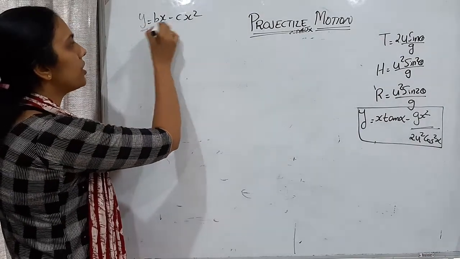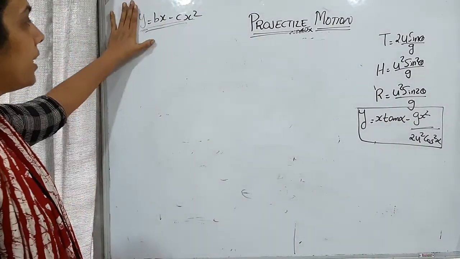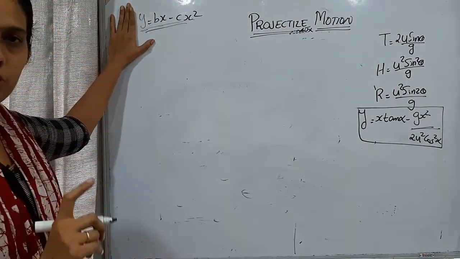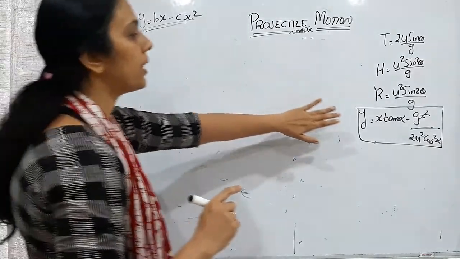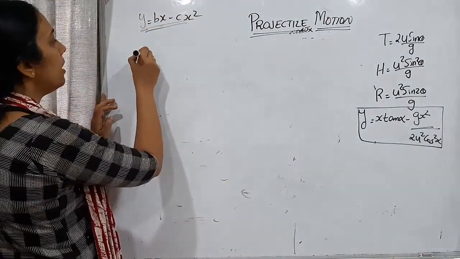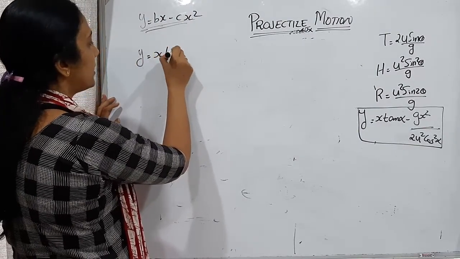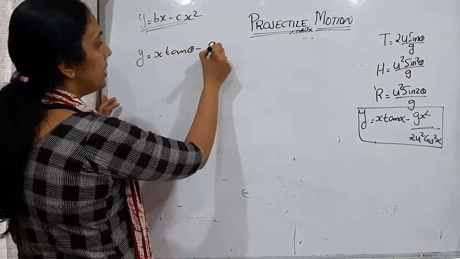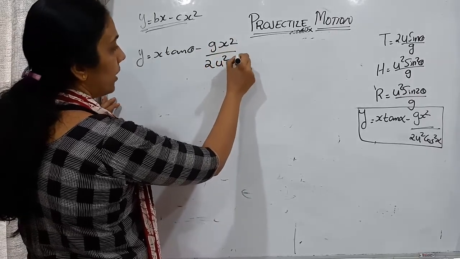So here the question is given y equals bx minus cx square. Since we are identifying this as the equation of a parabola and it will be a projectile motion, we can compare that equation with the equation of the projectile. That is, the path of the projectile is x tan theta minus gx square divided by 2u square cos square theta.